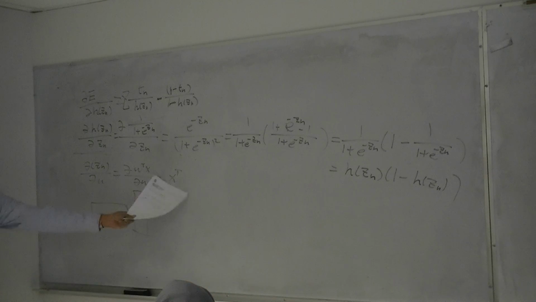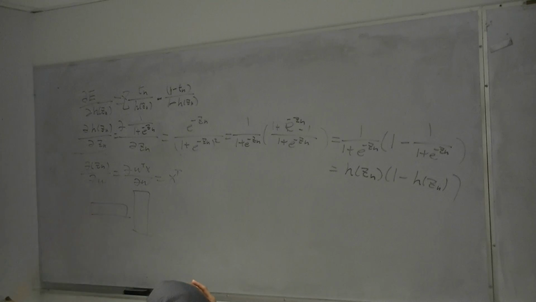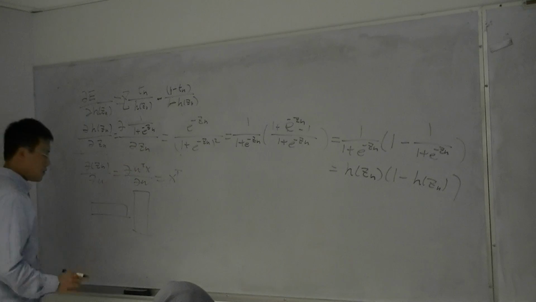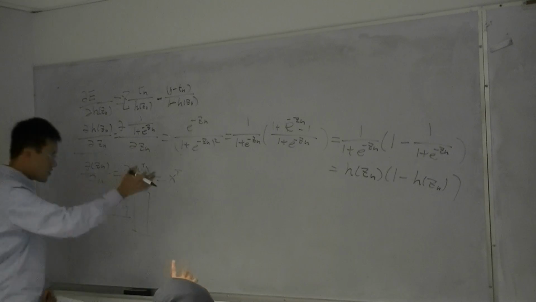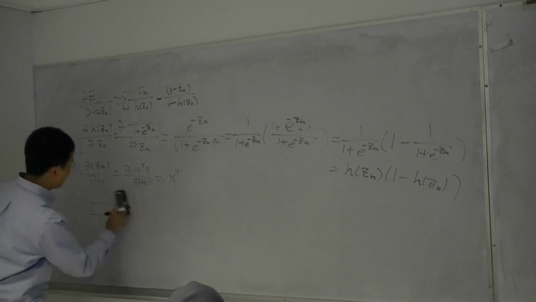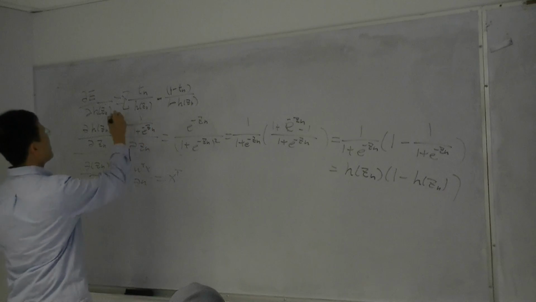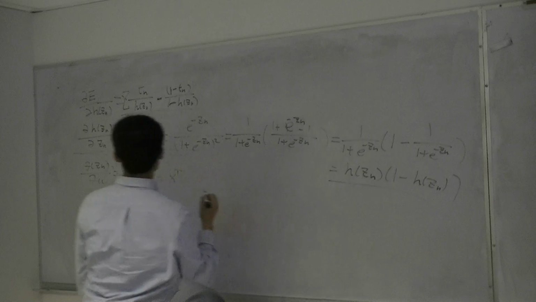We take the bracket, row vector now, which is transpose. So we got this term, this term, this term.